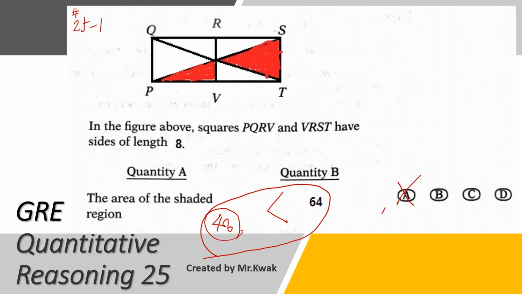Quantity A is larger than B. B is larger than A. Is that correct? So the answer should be B. I'm sorry, guys. Please do not make an error or mistake like me, right after making all of the correct answers. Sorry about that, guys. So let's move on to the next part.